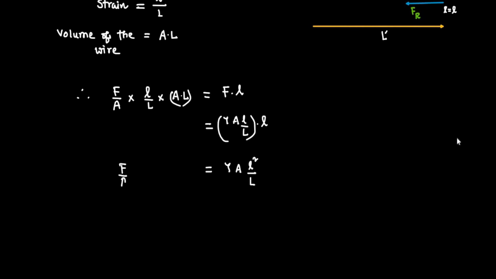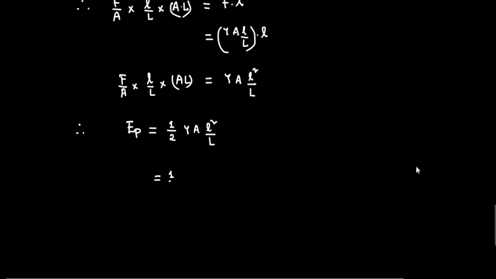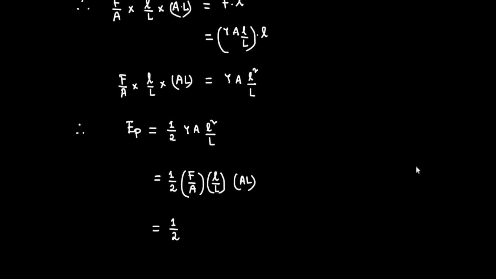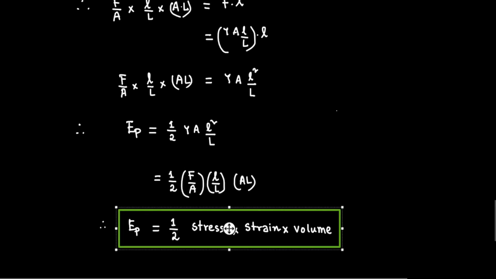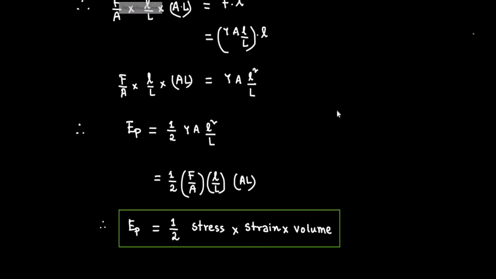So finally we get Y A l square by L. That means F by A into l by L into A dot L is Y A l square by L. So EP was 1 by 2 Y A l square by L, and in place of it we can write F by A, l by L, A dot L. So we get another expression of elastic potential energy: EP equals 1 by 2 into stress into strain into volume.